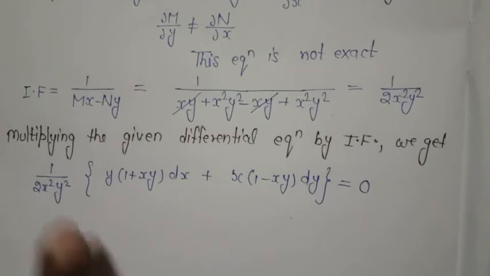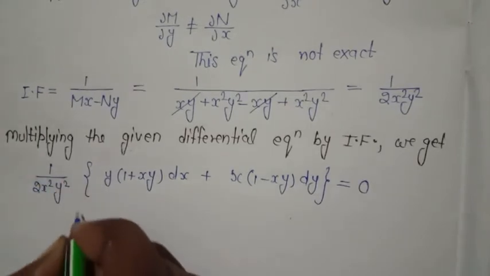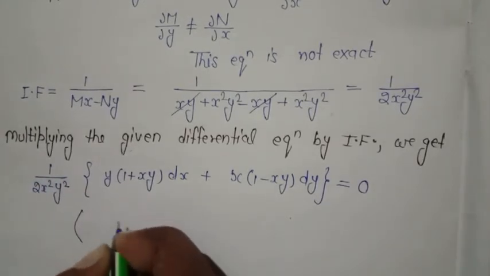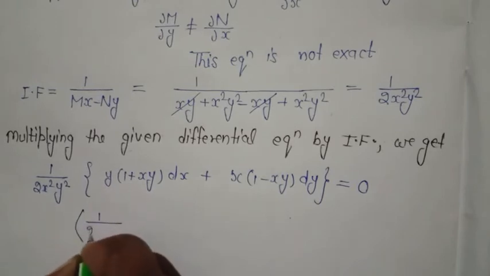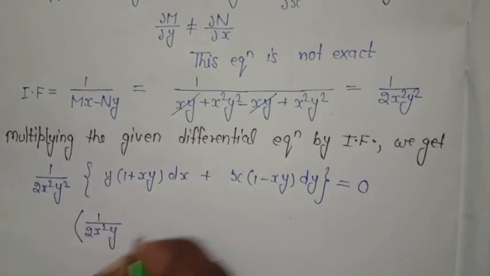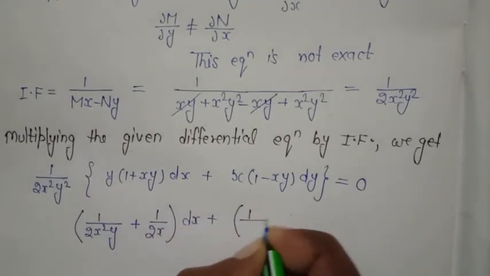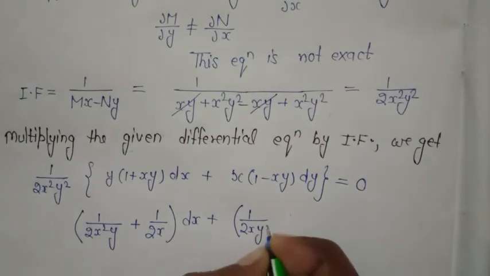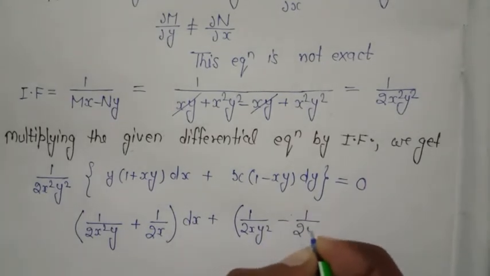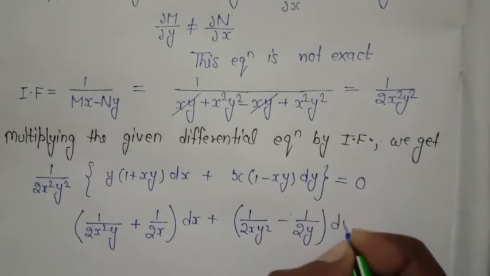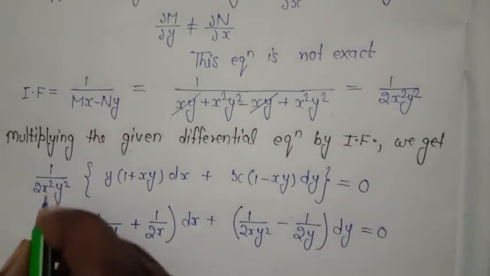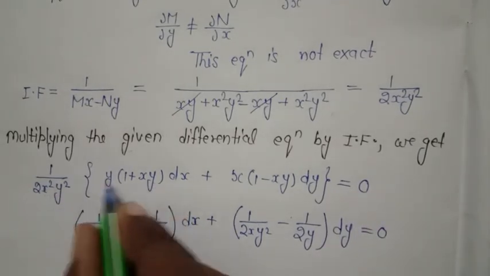I am going to multiply it directly. Hope you understand. We get (1 upon 2x squared y plus 1 upon 2x) dx plus (1 upon 2xy squared minus 1 upon 2y) dy is equal to 0. I have multiplied this term to each term.